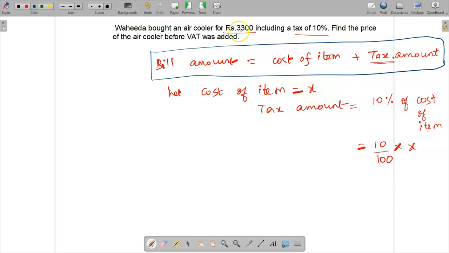The bill amount I already know is 3300. So 3300 is equal to cost of the item x plus tax amount 10 by 100 into x. Let me write the left hand side value 3300 on the right hand side, interchanging the terms.